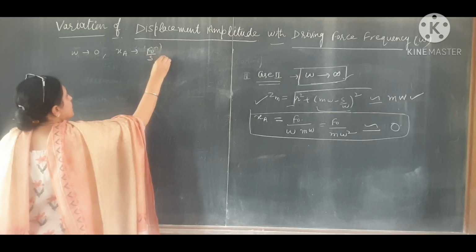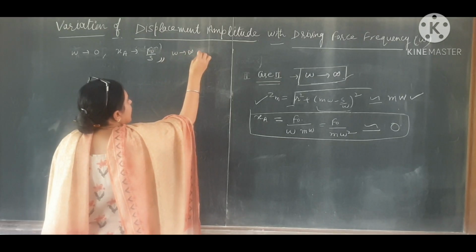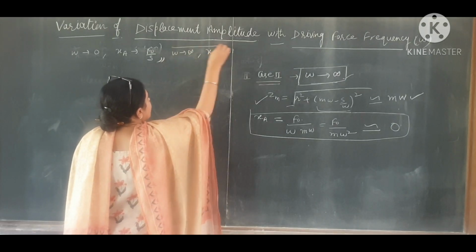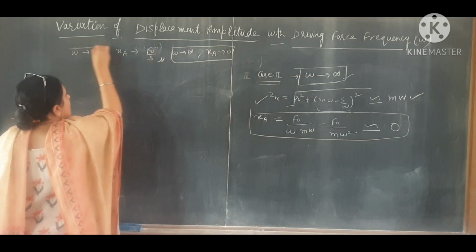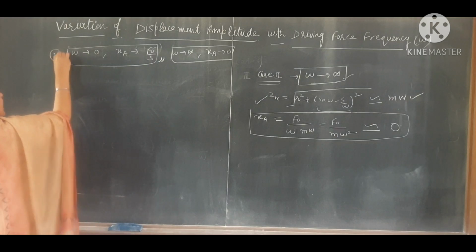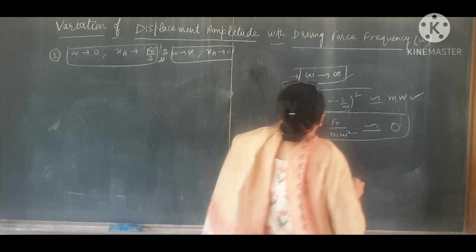Here this is first. And second is when omega approaches infinity, xa approaches 0. Clear? Case first and this is second. Now we will do the third case.